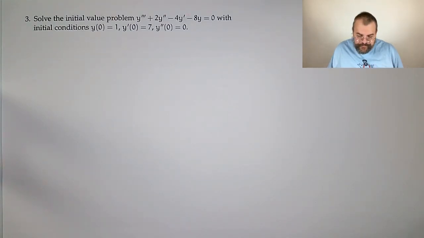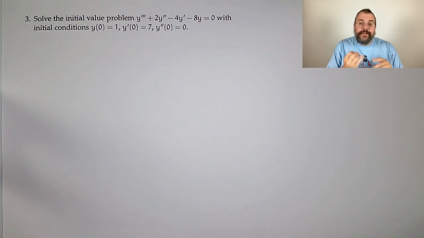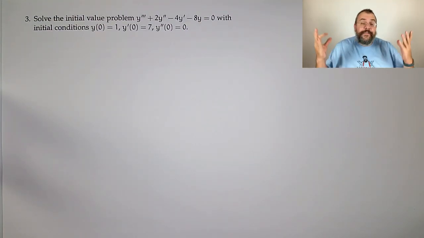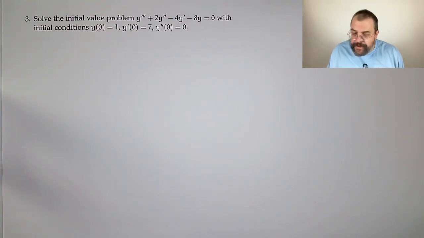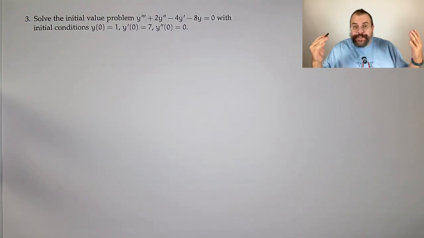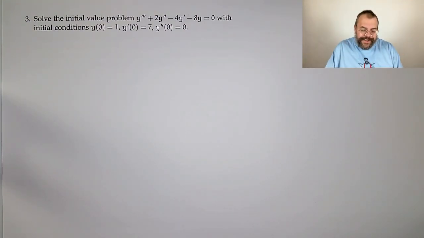All right. Now this is our favorite kind of problem. It's constant coefficient, linear, homogeneous. We know how to solve these, assuming that we can actually factor. But sure we can, right? Okay, so how do we go about solving this?